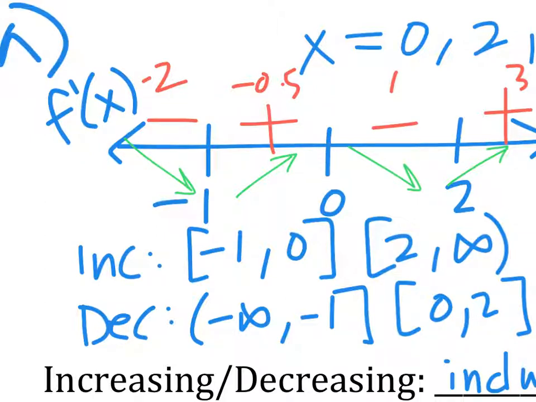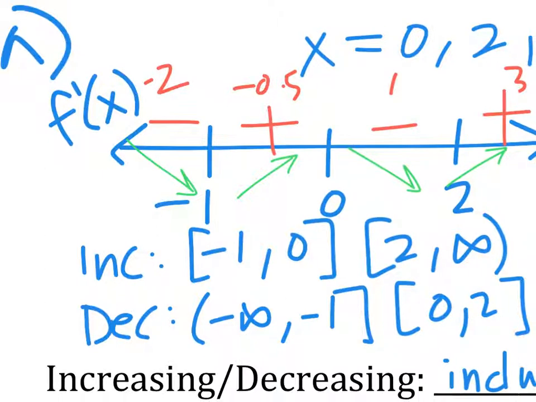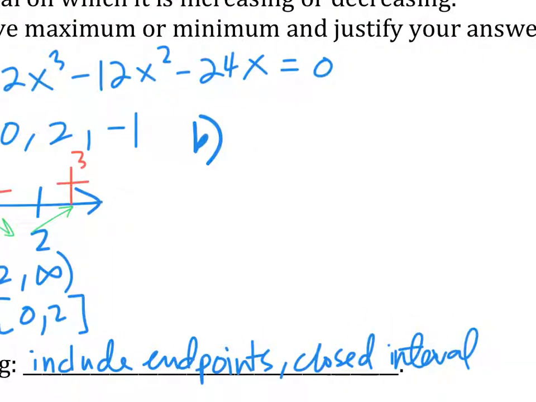So where is the relative maximum? At x equals what? 0. Yeah, because it goes up and then down. So you can see the graph has to be like this. So at 0, it's going to be a relative maximum.